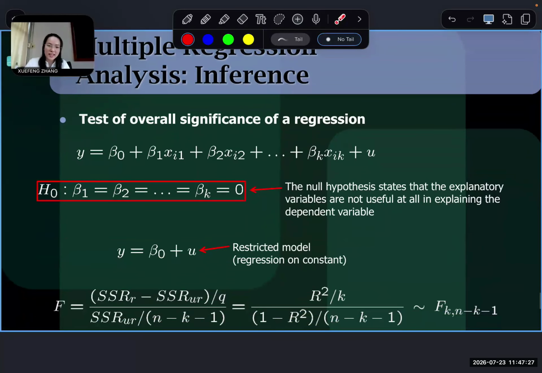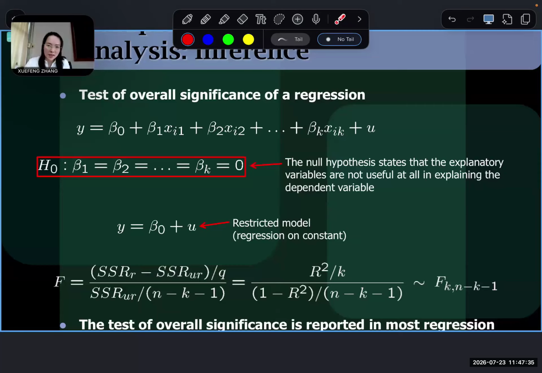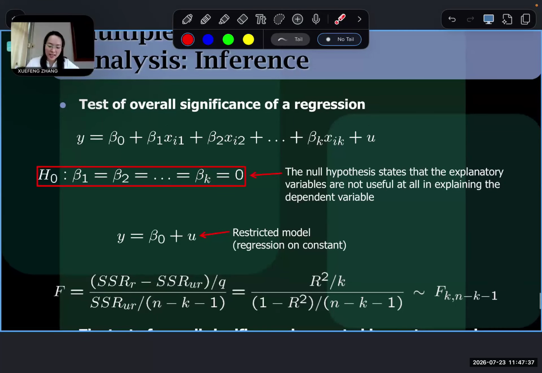So this is in general. And this is also a special case of the F-test. Suppose we want to test all slope coefficients at once. This is our regression, beta 1 through beta k. Those are our slopes. Remember slope?